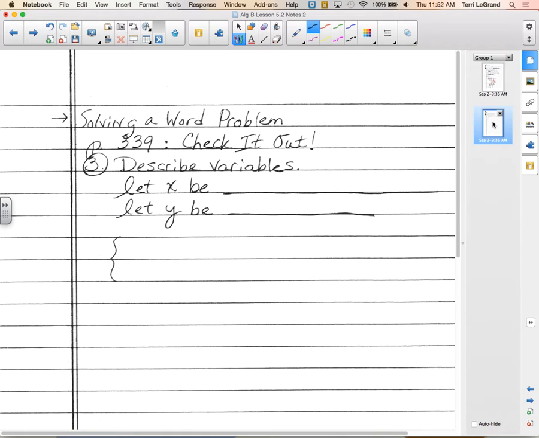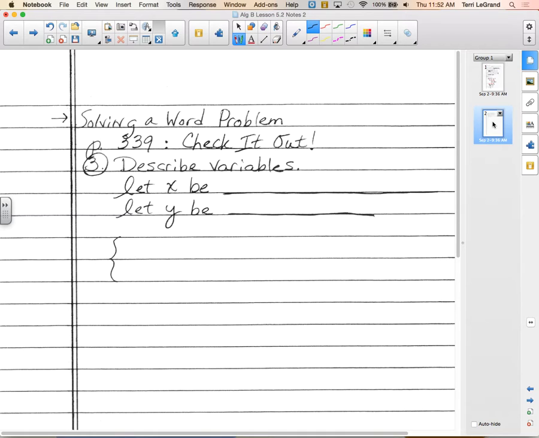I don't know if you remember this or not, but last year, towards the end of the year, when we were working with systems of equations, we did application problems where we had to set up our own system of equations to help us problem solve. So that's what we're doing here.